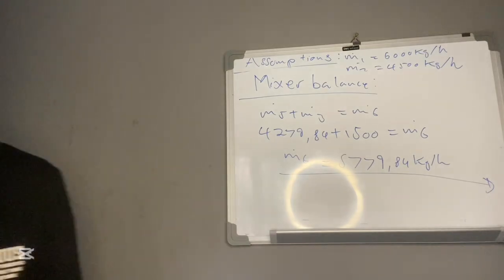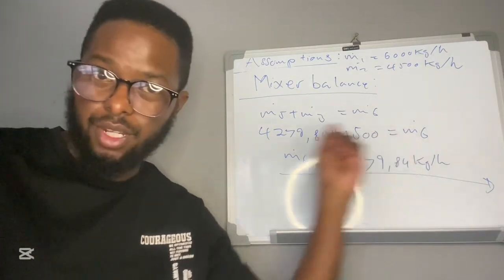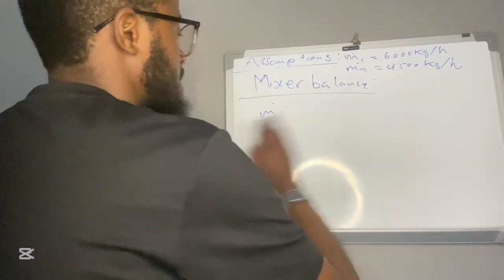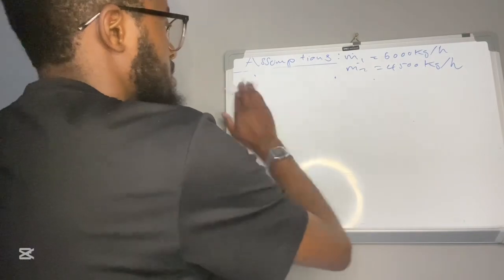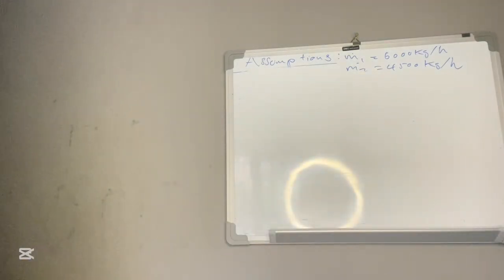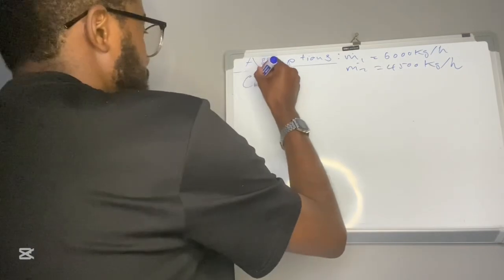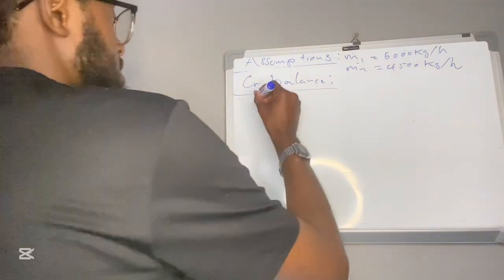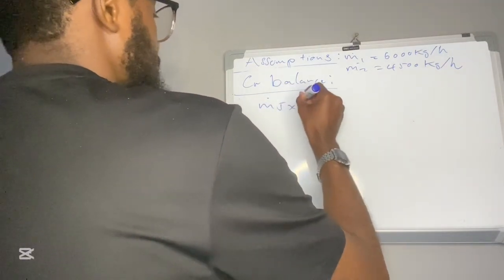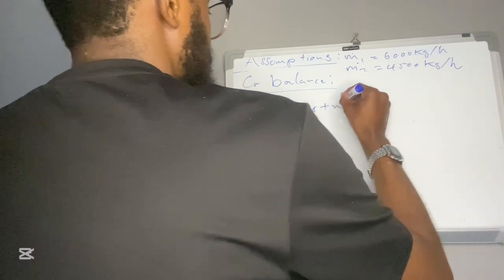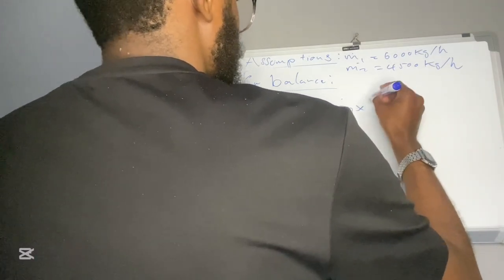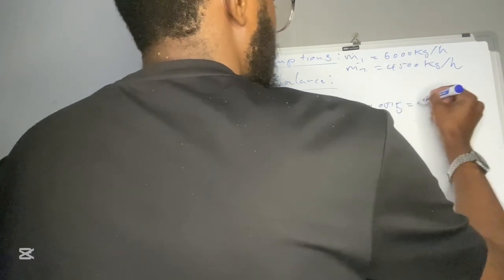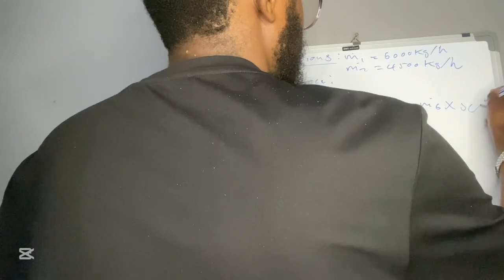And then now we find the component of the stream that goes to the lagoon, which is X6, right? That component is again a chromium balance. So it's M5 times X5 plus M3 times 0.0515 equals M6 times X6.